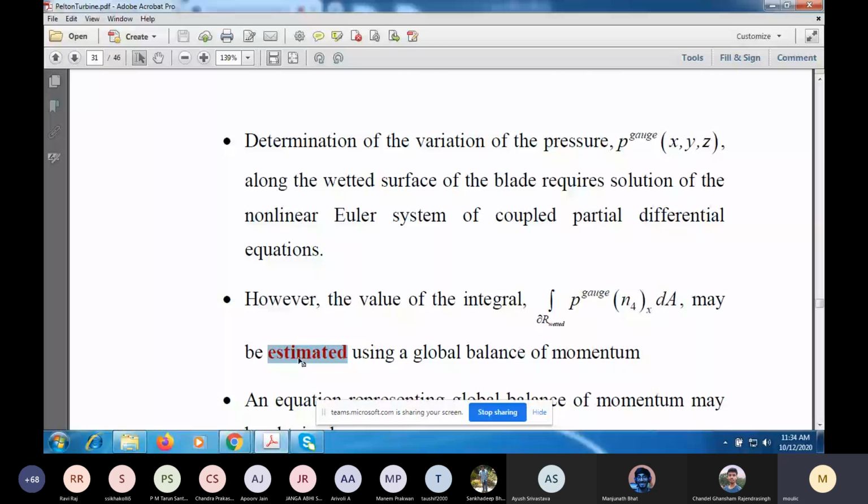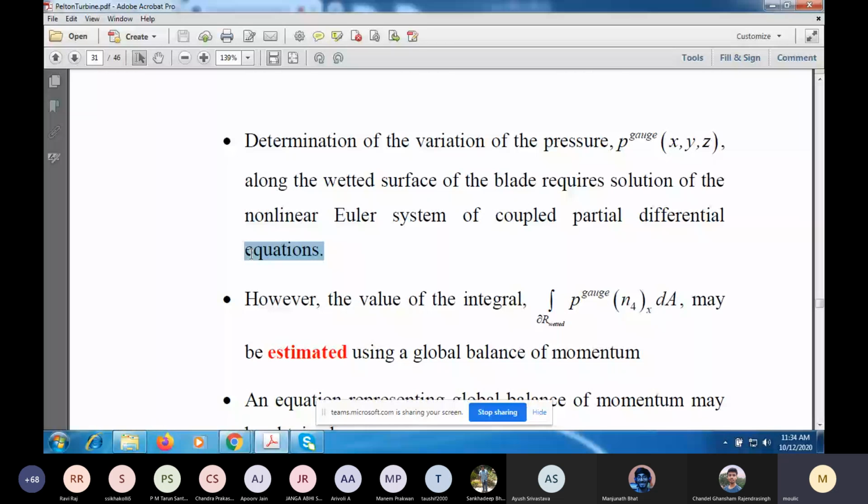So this philosophy I want to instill into you, that you can get exact results by solving the governing partial differential equations by a numerical method. Today there are many programs available. You may get the source code also, or you can use commercial software.